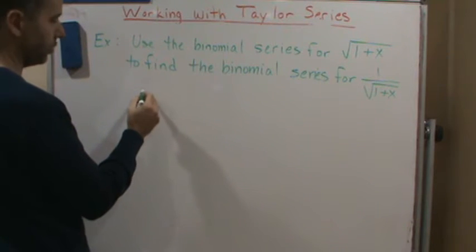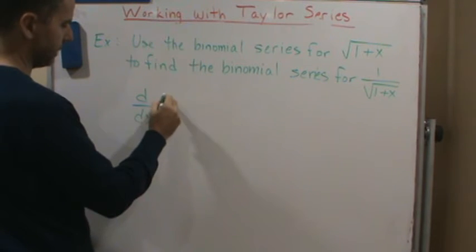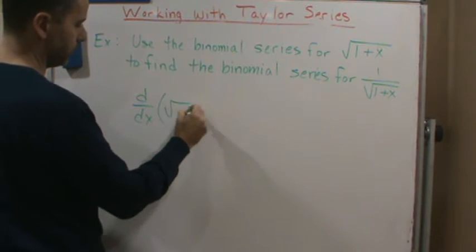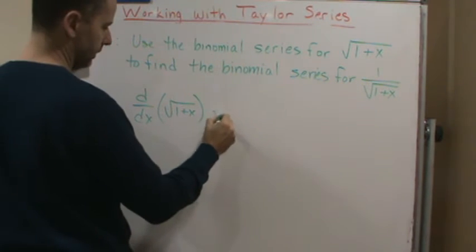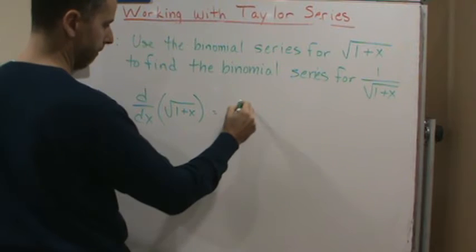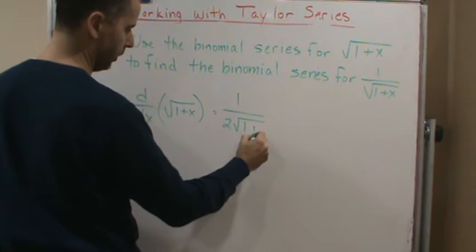So we know that the derivative with respect to x of the square root of 1 plus x is equal to 1 over 2 times the square root of 1 plus x.